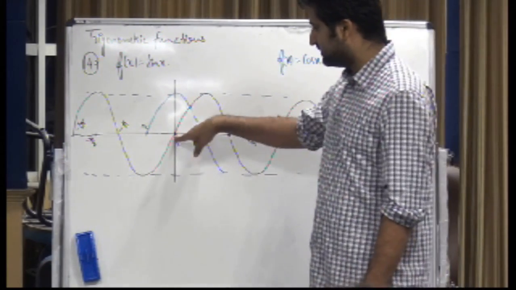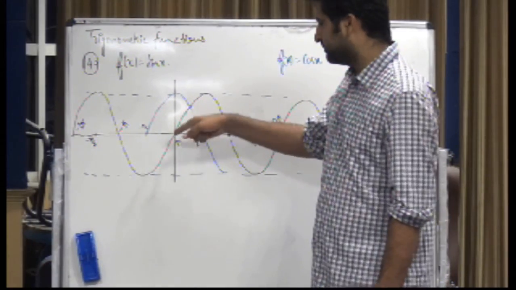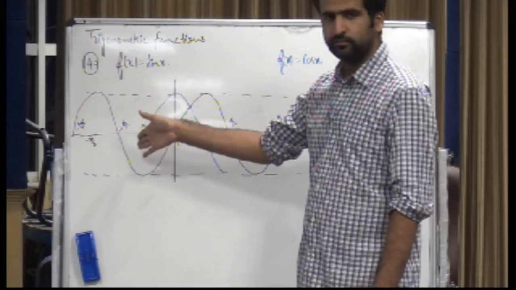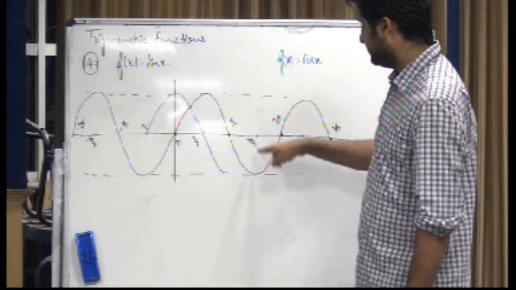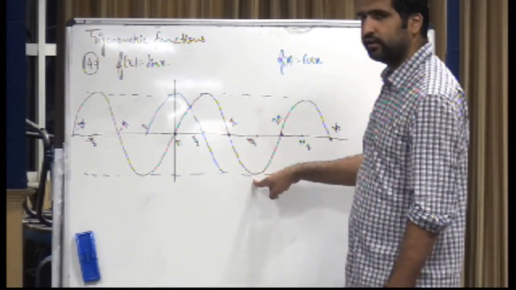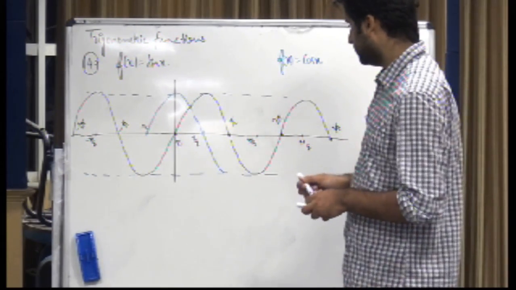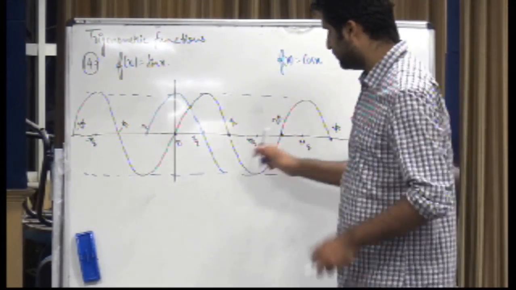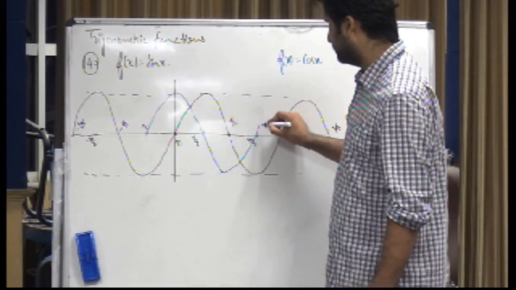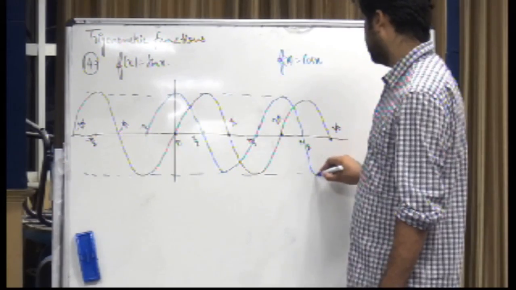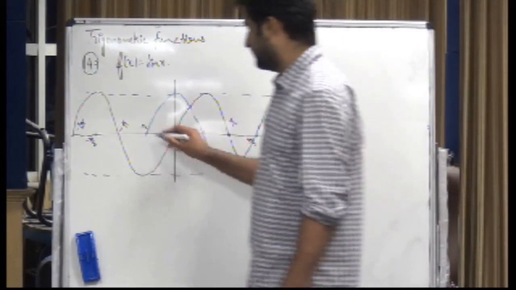The thing which the sin x graph is doing over here, cos x will be doing pi by 2 before. So at 3 pi by 2 it is reaching here, at pi it will be reaching here, right? At 2 pi this is becoming 0, cos x will become 0 at 3 pi by 2, and then here, and then here.